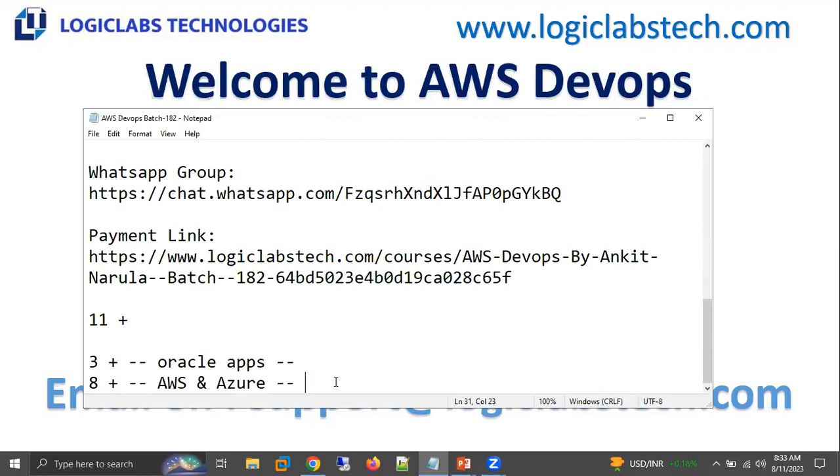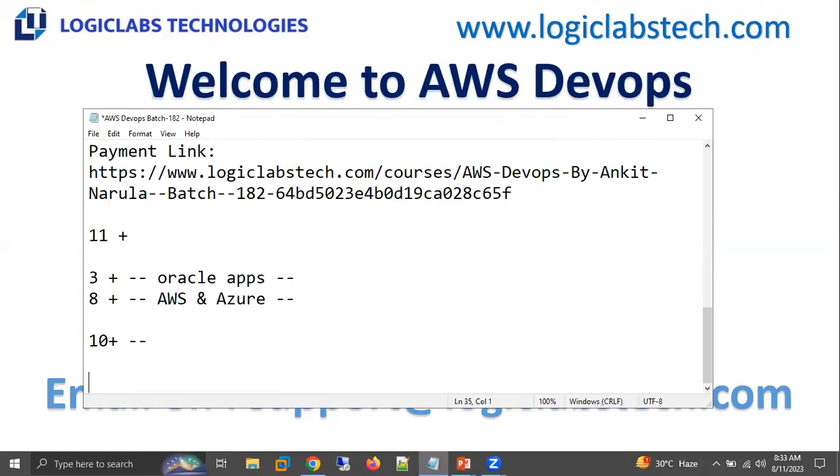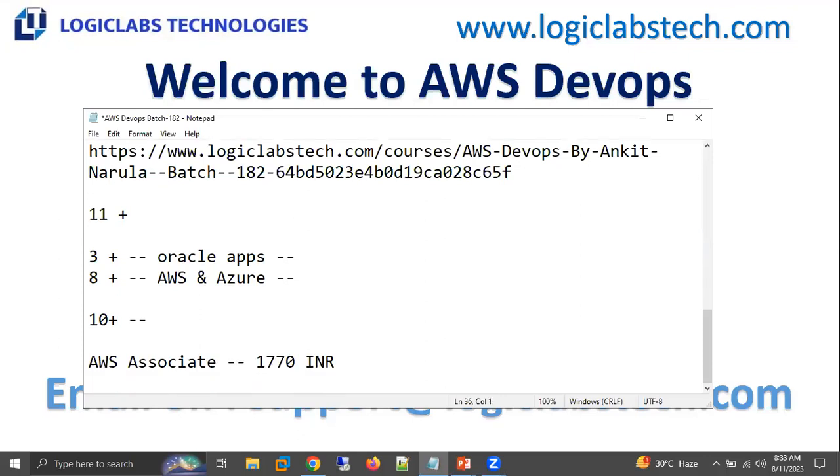I have been in the training industry for more than 10 years. Currently I'm giving training for AWS Associate, cost 1770 INR, and AWS DevOps training, which costs 5900 INR.